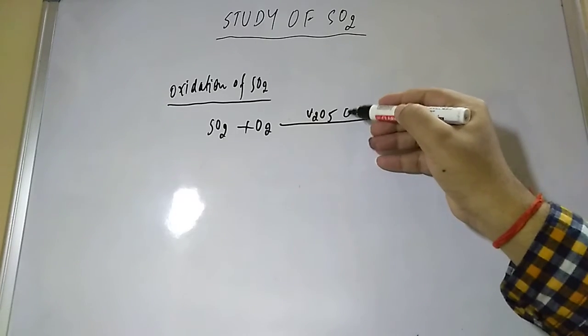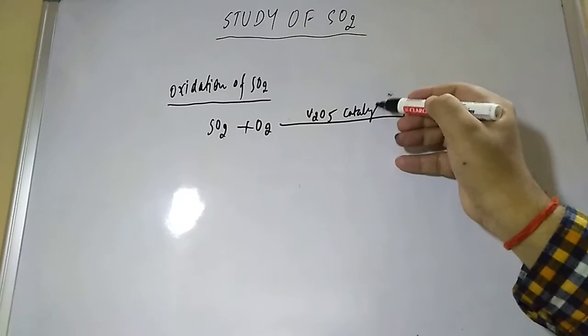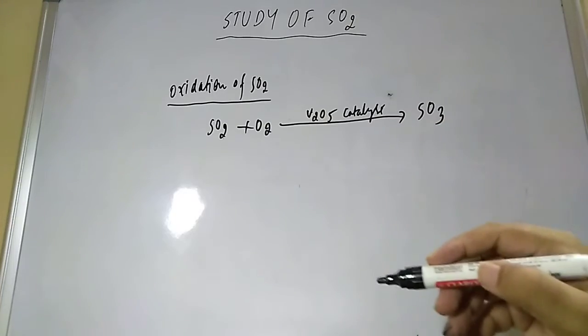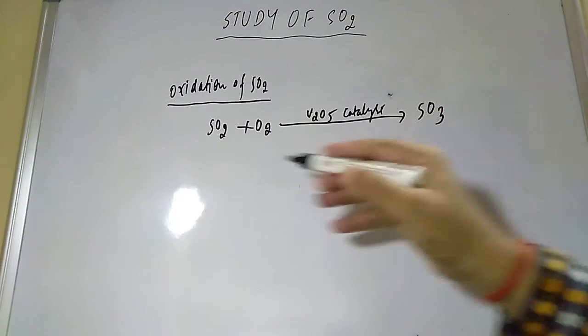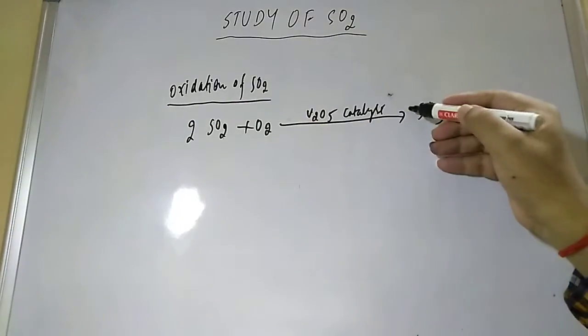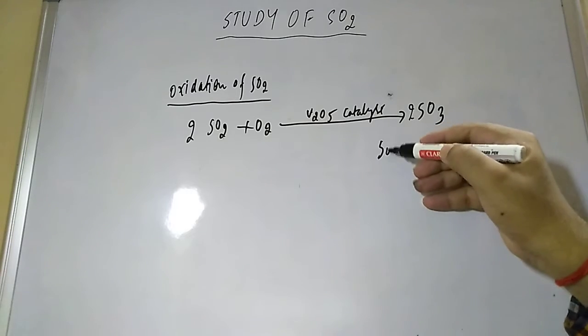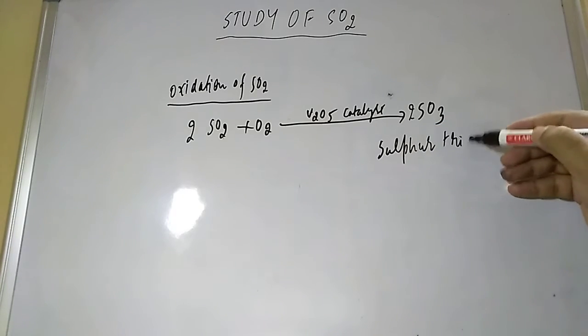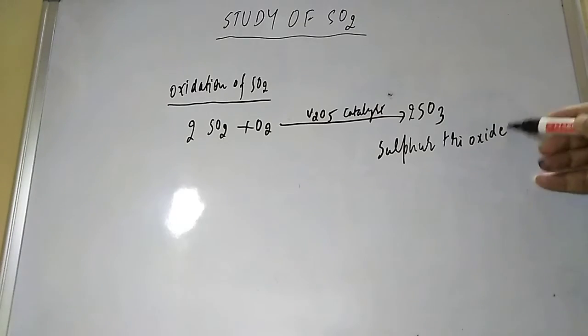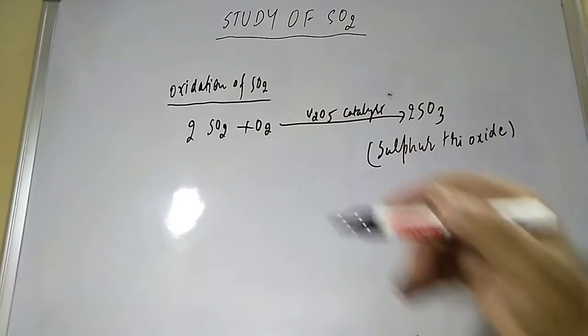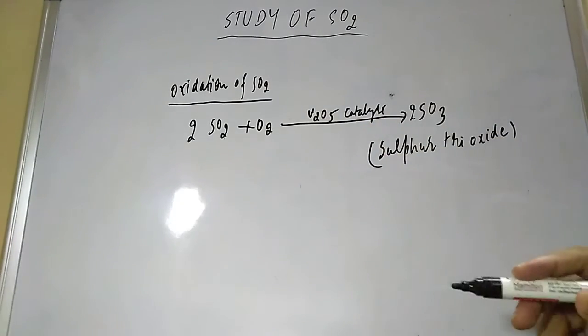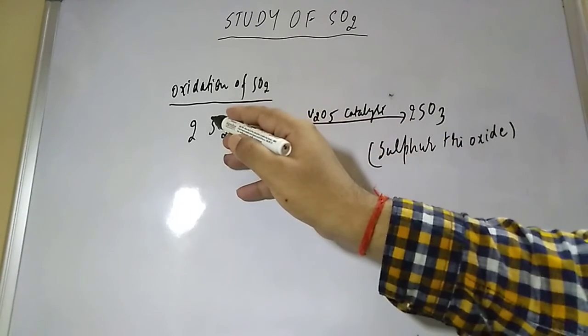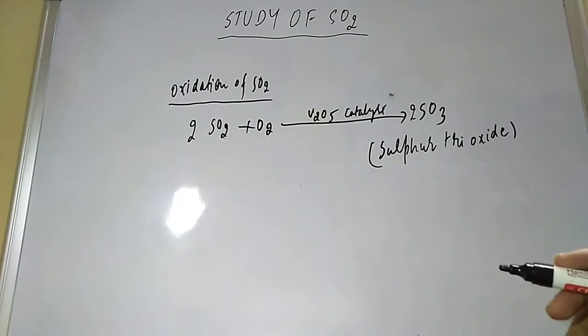Vanadium pentoxide is the catalyst. To balance, you take 2 moles here, so this will give 2 moles of sulfur trioxide from sulfur dioxide. Here the oxidation number is 4, and here it is 6.